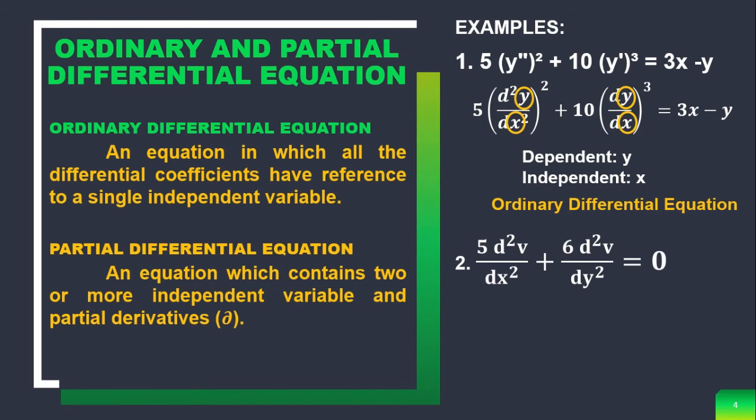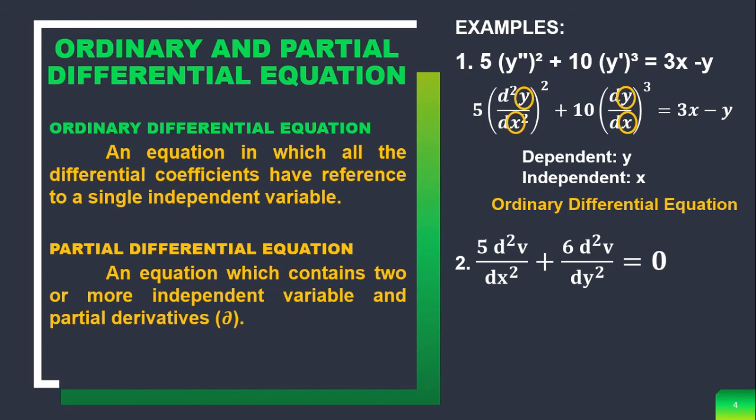5 times the second derivative of v with respect to x plus 6 times the second derivative of v with respect to y is equal to 0. So in this kind of equation, we don't need to rewrite this one because we can easily identify the dependent and independent.